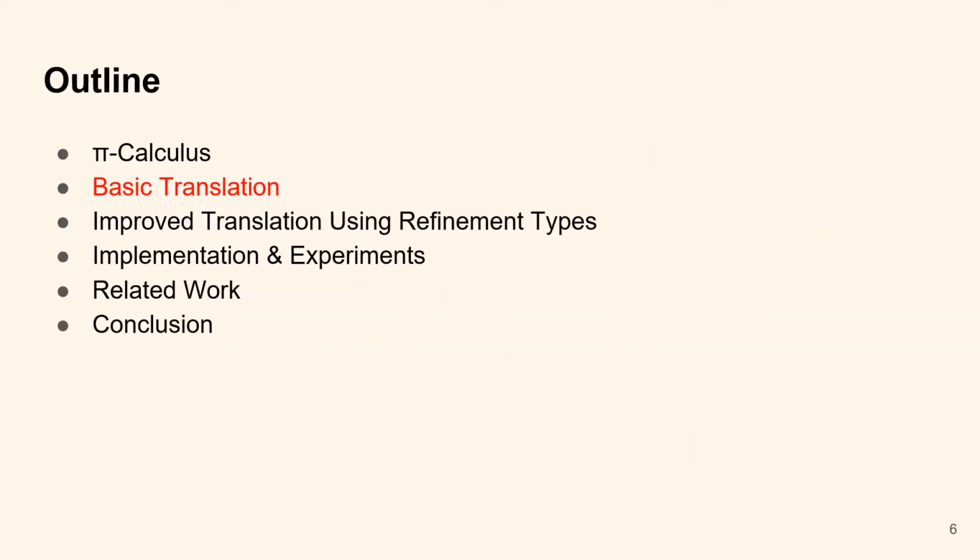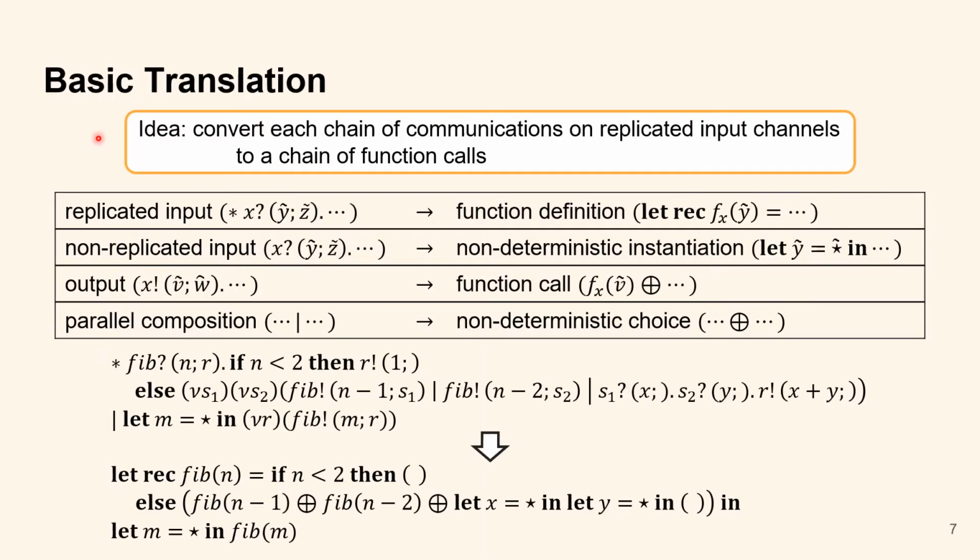Next, we will present a basic translation from the pi calculus to a sequential language. Our idea is to convert each chain of communications on replicated input channels to a chain of function calls. A replicated input is transformed to a function definition.